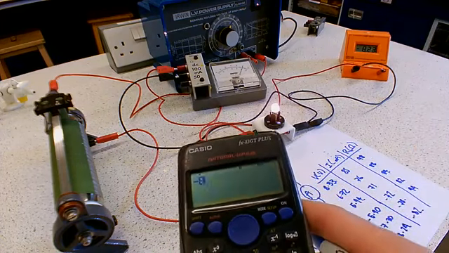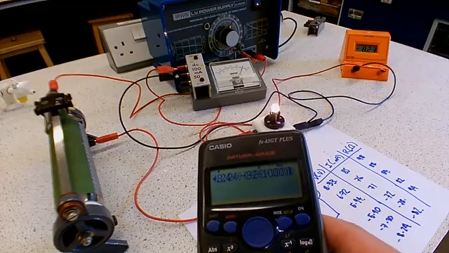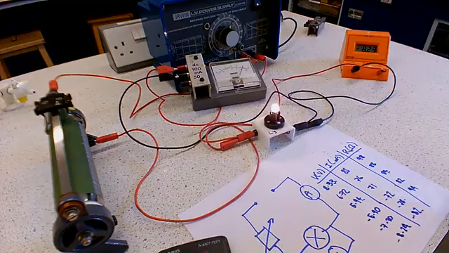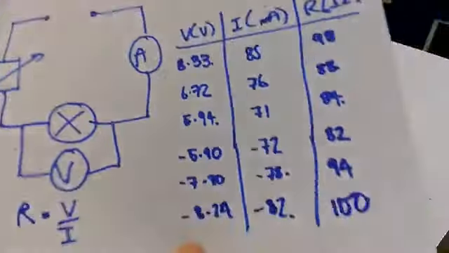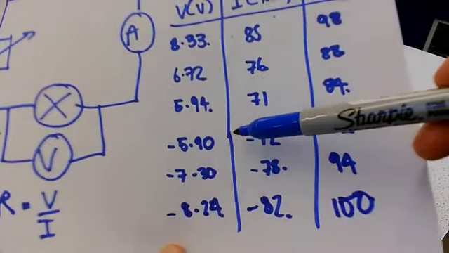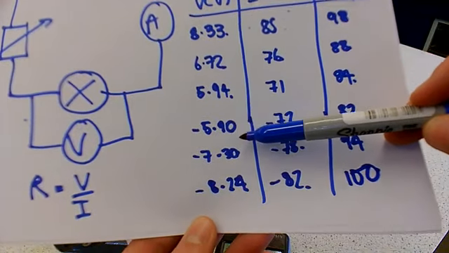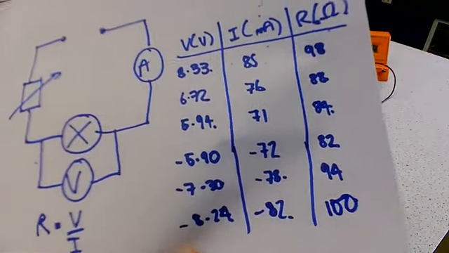So we're going to do minus 8.24 divided by minus 82 divided by 1,000, that's going to round to 100. So we see even when our potential difference is negative, as we make the potential difference a bigger number, our resistance seems to get bigger here.